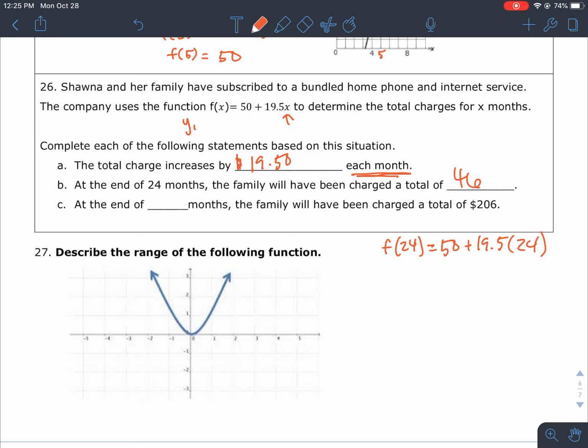And you should get $468. And at the end of blank months, the family will have been charged $206. Okay, 206 is a y value. It's a total cost. So if you were looking in your calculator at the table, you would look to see whenever your y equals 206, and you should get that your x value was 8.